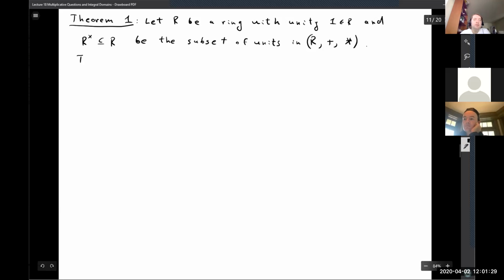Then what is true? Then this subset R cross with the binary operation multiplication is a group.